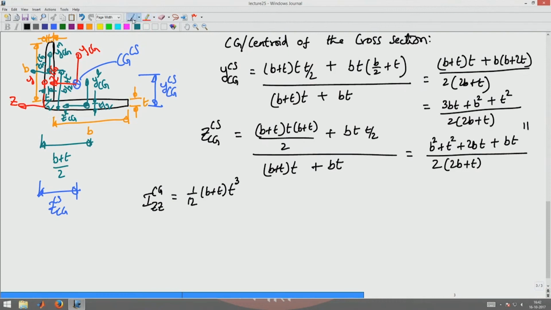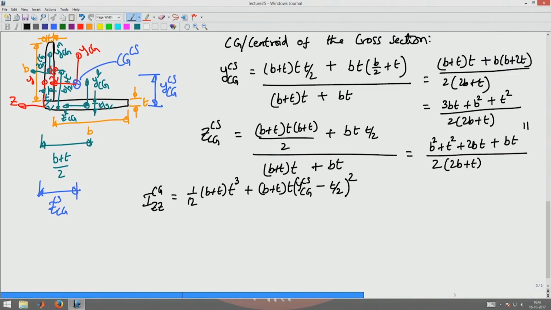So, using the parallel axis theorem, the area of the leg is B plus T into YCG cross section minus T by 2, the whole square. That is for the horizontal leg.